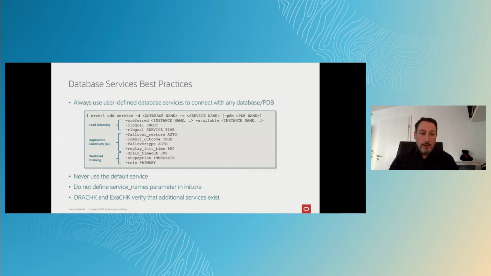The load balancing part we have looked at before. Here you see the CLB goal, which is either long for session or short if you want to use runtime connection load balancing, which you can then decide to be either service time or throughput. You find the capabilities for application continuity here to enable it when you are creating a service. And most importantly, you find the draining.